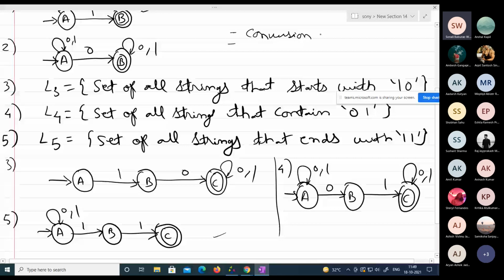We will see a few examples on regular expressions, and then our second unit is done.